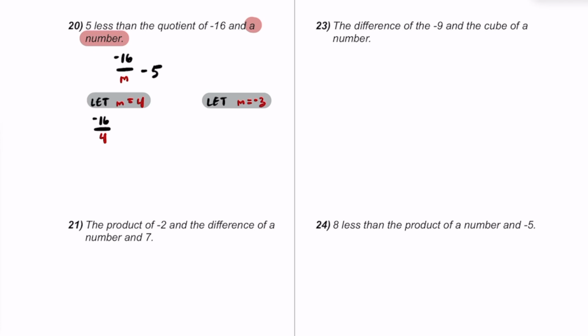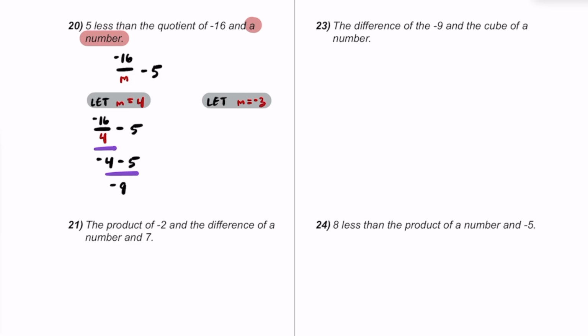And then we're going to take away 5 afterwards. Following the order of operations, let's take care of this division first. So that's going to be -4. And then -4 minus 5 is the same thing as -4 plus -5, and that's going to be equal to -9. So if m was +4, this expression would be equal to -9.